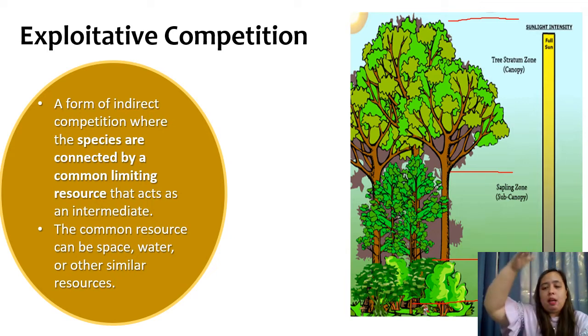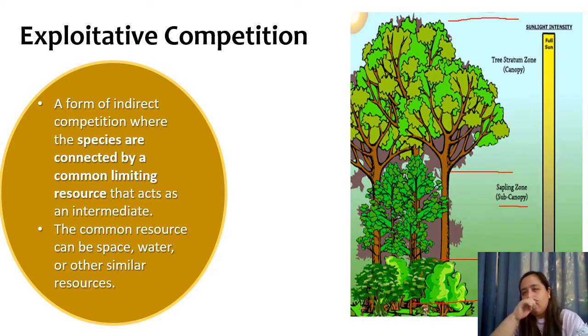Technically, pag natanggal tong pinakamalaking tree natin, magta-thrive itong mga sub-canopies natin. Kaya lang, even if meron dyan, yung mga streaks of sunlight that could come in between the canopy of this tree stratum could actually enable them to make photosynthesis.